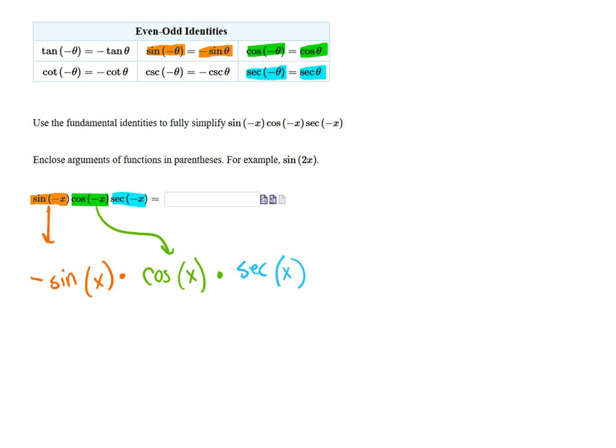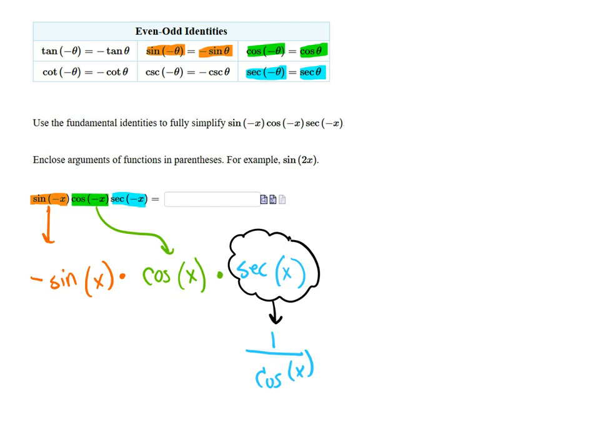And then you're supposed to simplify this so that it is all in terms of sine and or cosine. I got that secant right there, and so I have to now remember that the reciprocal of secant is 1 over the cosine of x.